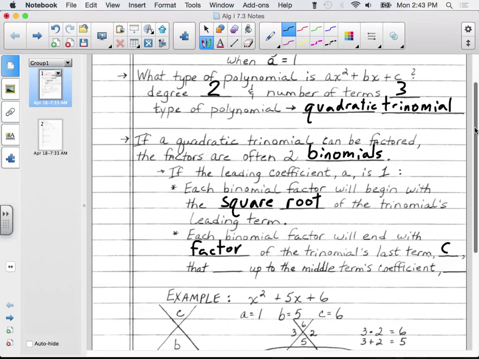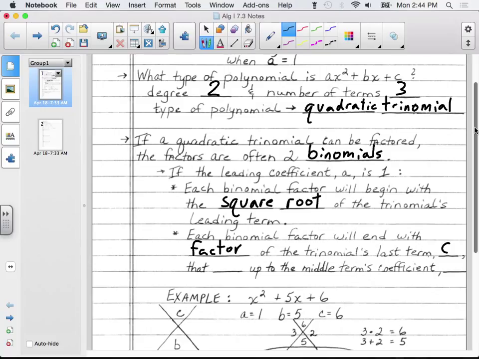We're both going to start with x, and we're both going to end with factors of whatever our c value is. Right now we can't put anything in there because c is just an unknown value, but once we put numbers in there, then we can worry about what goes here and here.